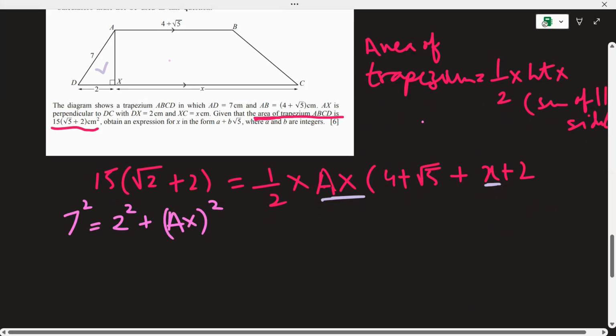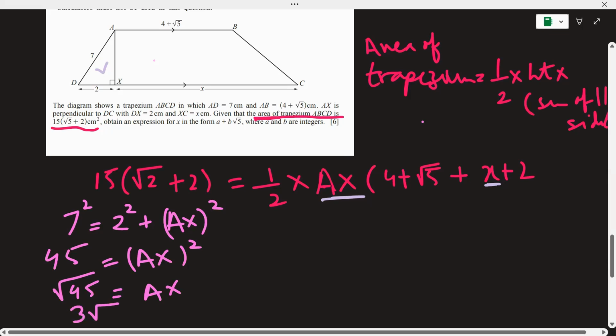So this is 49 minus 4, which is 45. Now the value of AX is the square root of 45, which is 9 times 5, and the square root of 9 is 3. So the value of AX is 3 under root 5.